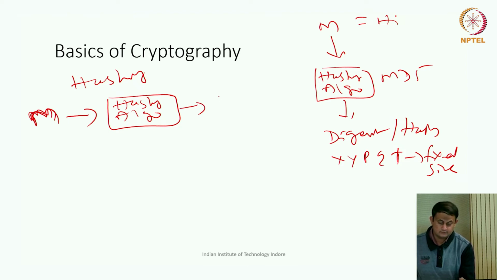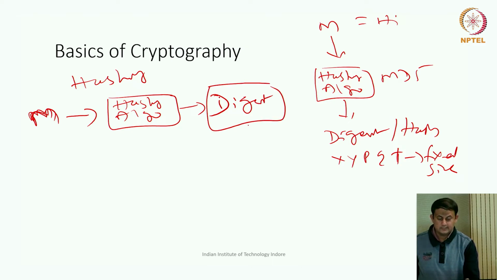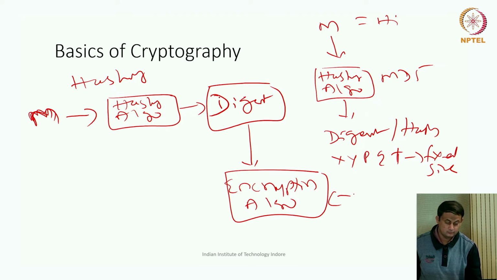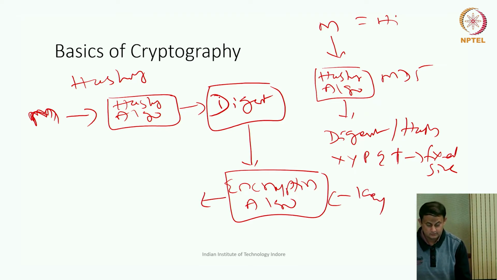You get the digest. This digest you take and supply to an encryption algorithm with some key, and what you get is the signature.